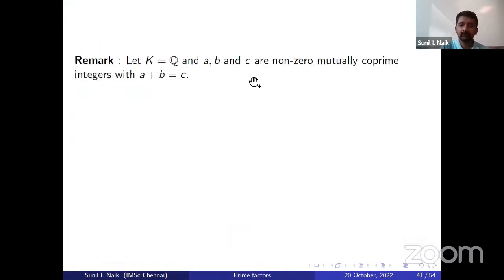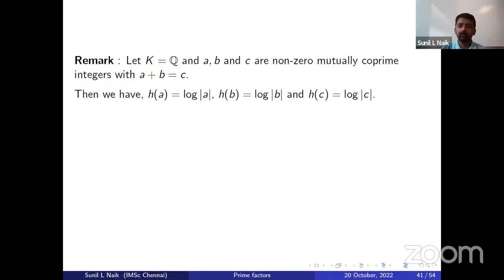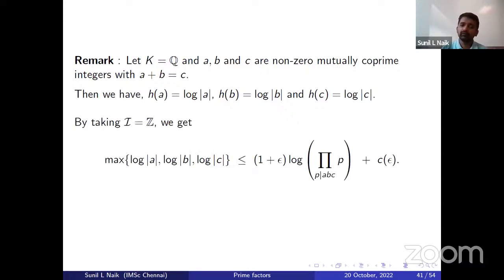Suppose A, B, C are non-zero mutually coprime integers with A+B=C. Then we have the height of A is equal to log|A|, the height of B is equal to log|B|, and the same is true for the height of C. So by taking the ideal I to be Z, by the ABC conjecture, the maximum of log|A|, log|B|, log|C| is less than or equal to (1+ε) times log of the product of primes dividing ABC, plus the constant.